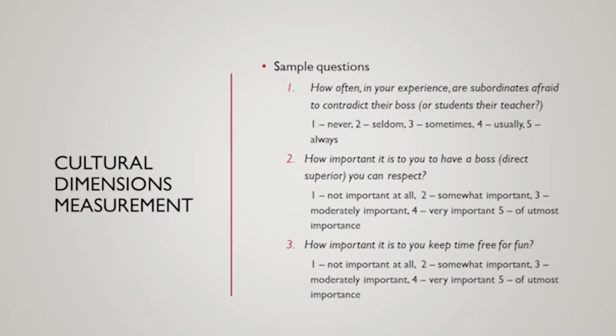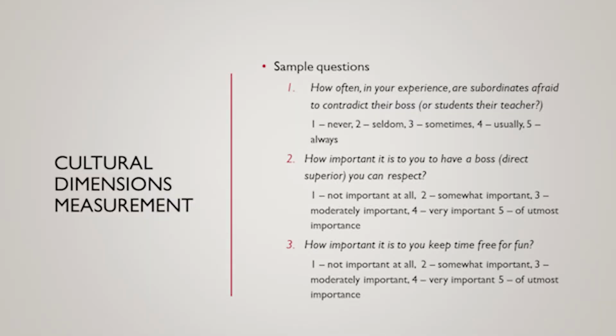For example, how often in your experience are subordinates afraid to contradict their boss, or students their teacher? And there was a 5-point Likert scale from never to always. Never, seldom, sometimes, usually, always. Another question was, how important is it to you to have a boss or direct superior that you can respect?